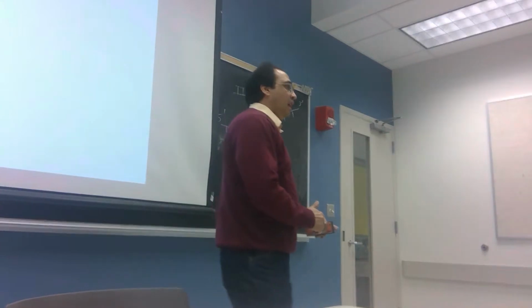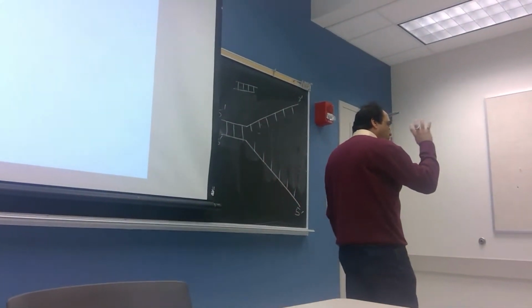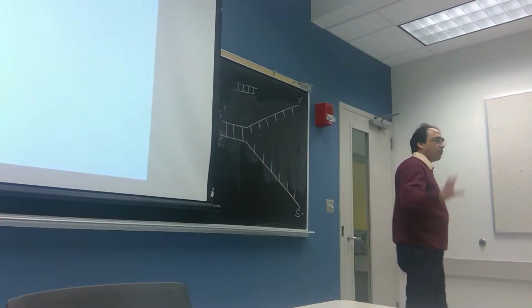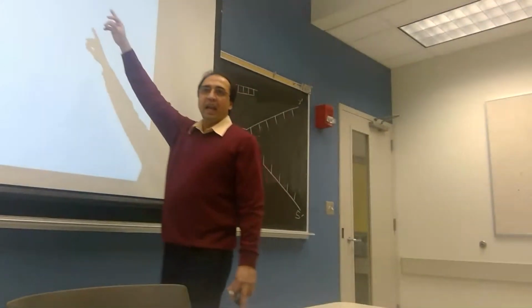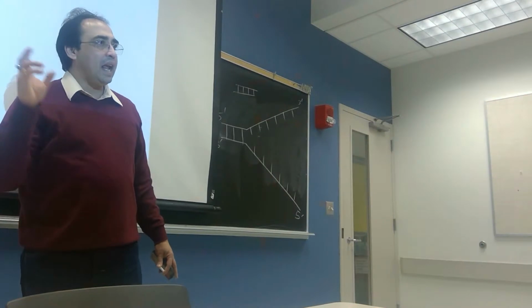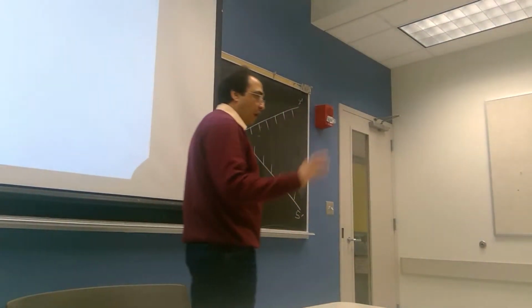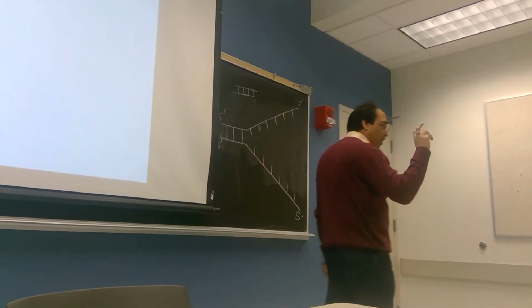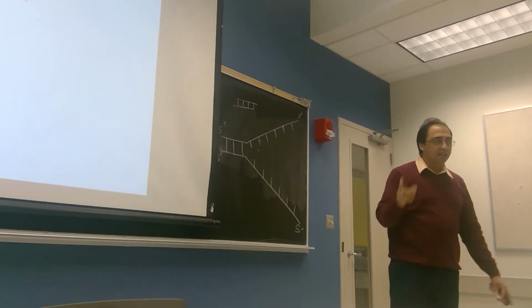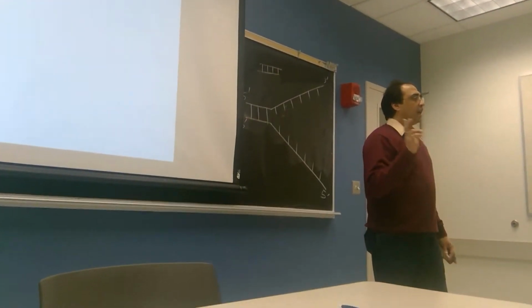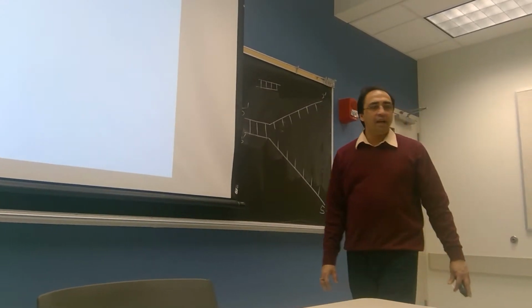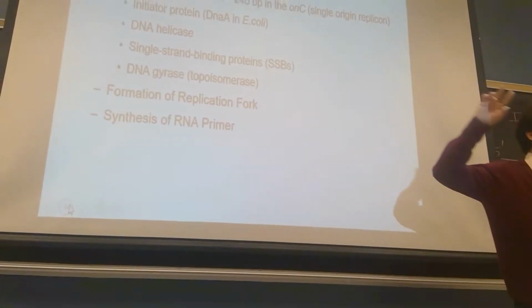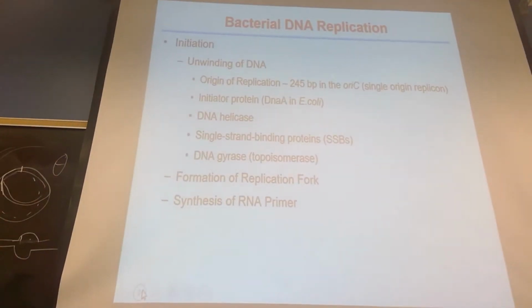Now, someone needs to determine what is the part of the origin. Which one is the origin? Someone needs to recognize it, and that is called the DnaA protein. DnaA protein finds that particular ORC location. Then it can bind with that location and start the DNA synthesis there.